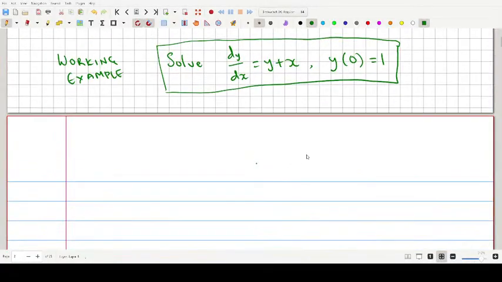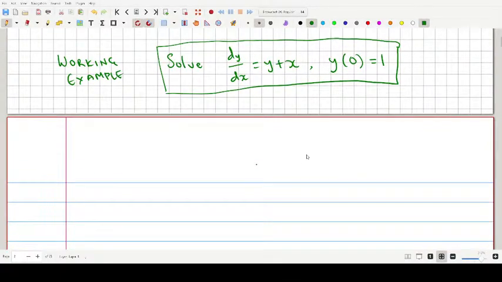Okay, on the top of the screen, the first thing that we do is write down the solution as follows. We shall write down y equals y naught plus, a small integration has to be done, the integration from 0 to x of f of x comma y.